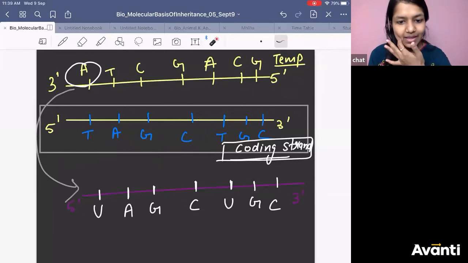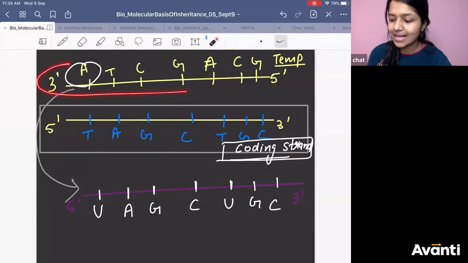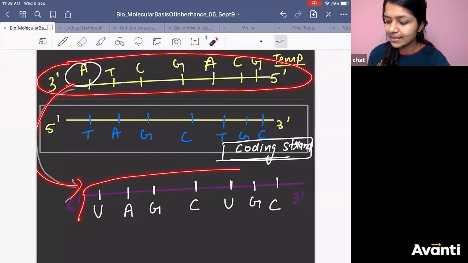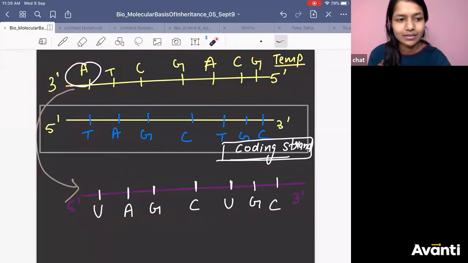So why is this called the coding strand? 5 prime to 3 prime is called the coding strand. Why? Because if you transcribe this template, the same information you will get in the RNA, except at one place: in place of thymine, you will have uracil. That is the reason why 5 prime to 3 prime is called the coding strand.